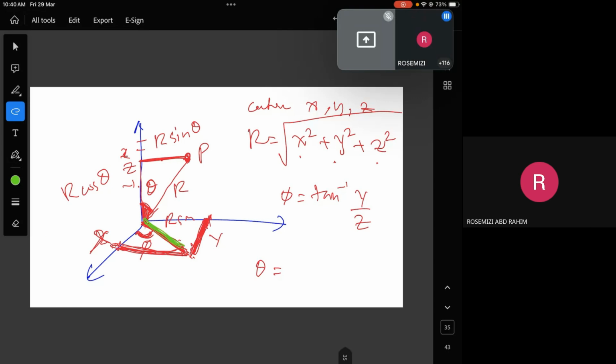This one will be equal to the square root of x square plus y square. Okay, so it's the same.